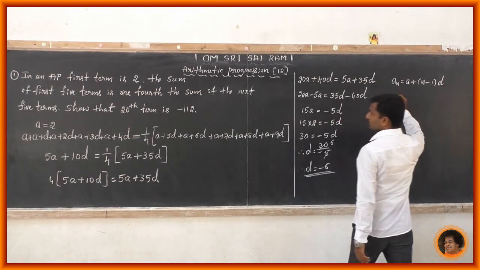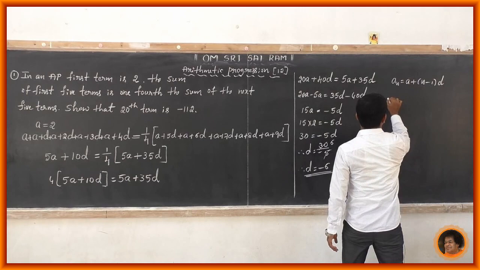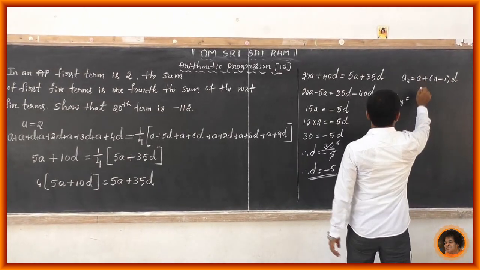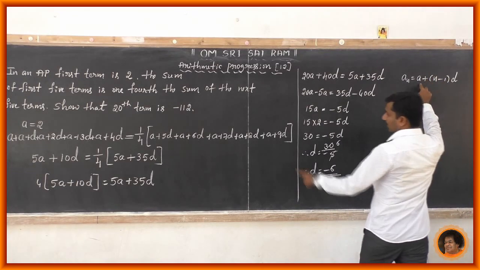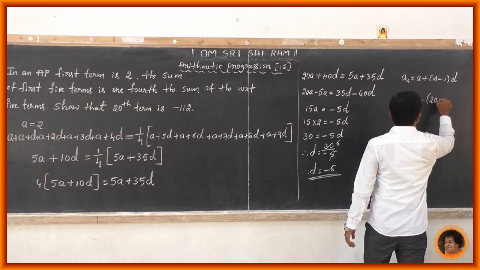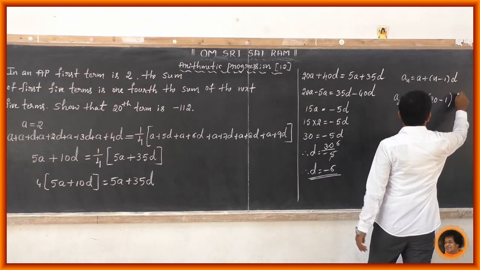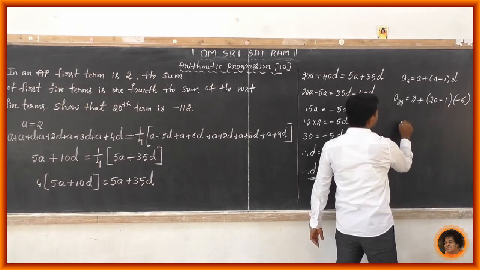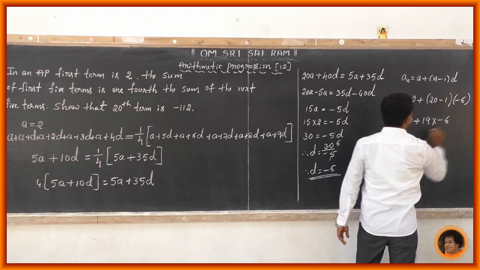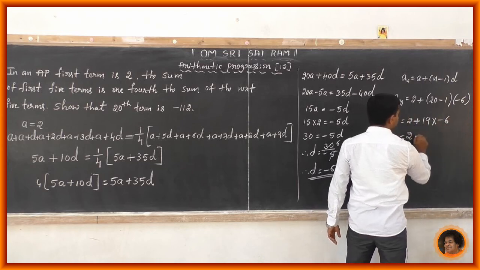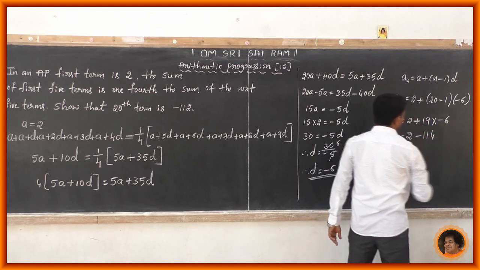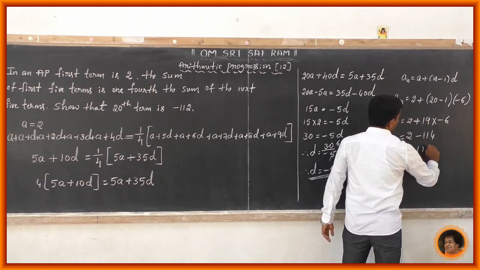Now substitute the values. For the 20th term, here n = 20, so a_20 = a + (n - 1)d. The value of a is given as 2, so 2 + (20 - 1)d. The value of d is minus 6, so this is 2 + 19 into minus 6, which is 2 minus 19 into 6, that is 114, so 2 minus 114 is equal to minus 112.